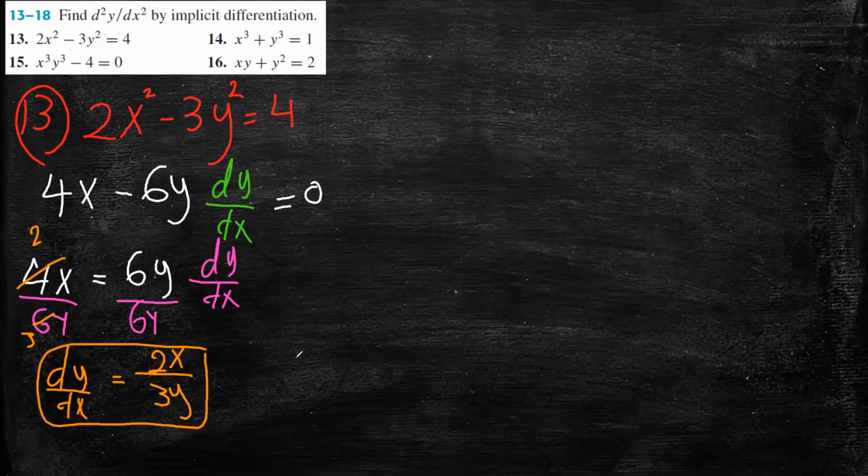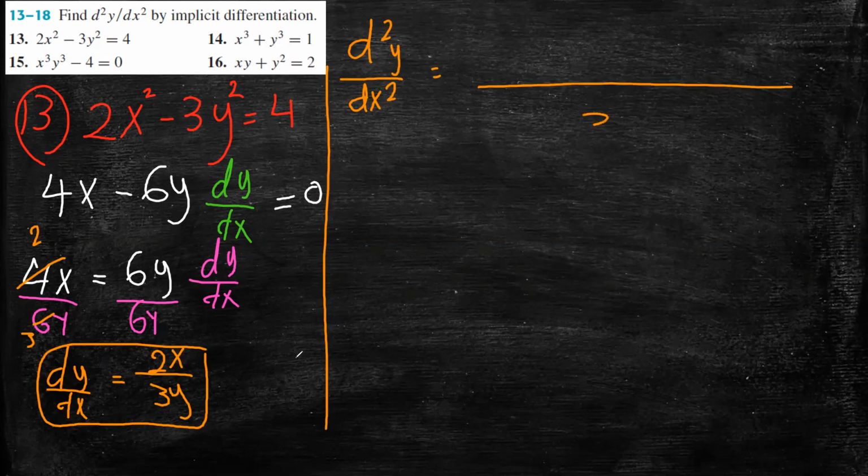But I need to find the second derivative. We said the second derivative is, look at here, we have to use the quotient rule. It is 3y squared, then this is g and this is f.